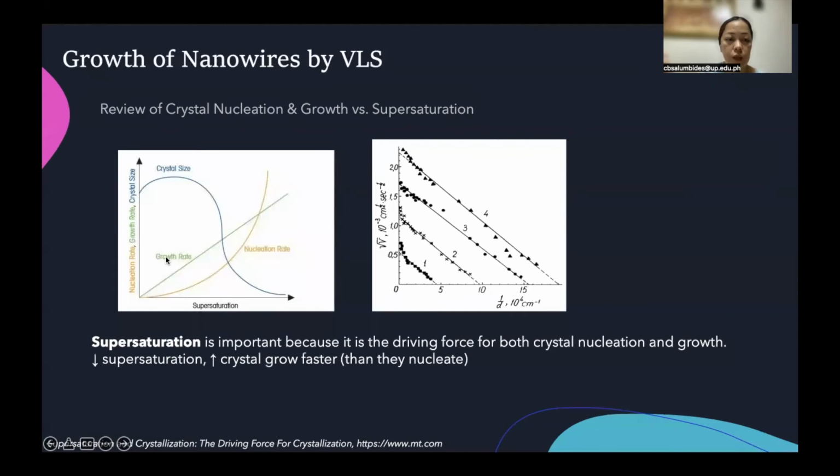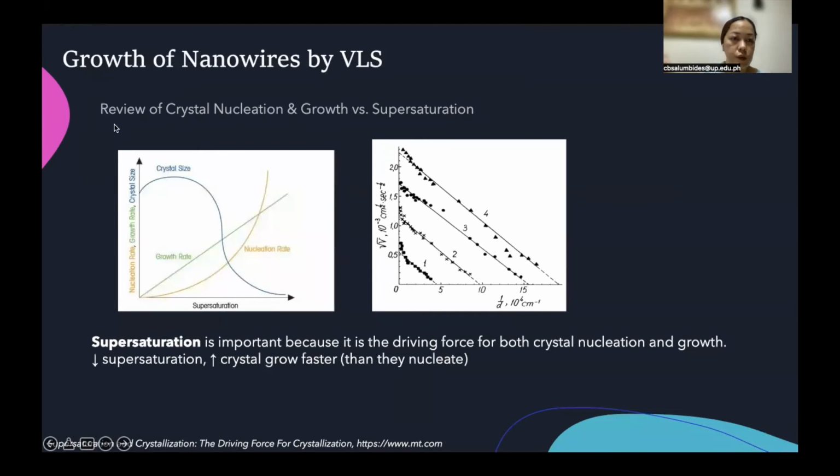Nucleation is the birth of new crystal nuclei, either spontaneously from a solution or in the presence of an existing crystal. While crystal growth is the increase in the size or the characteristic length of the crystal as solute is deposited from a solution.